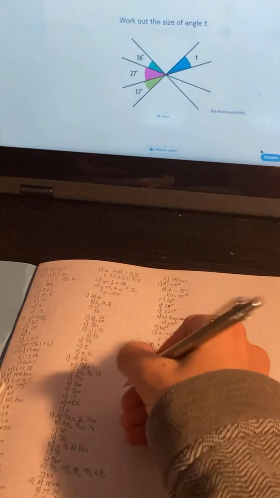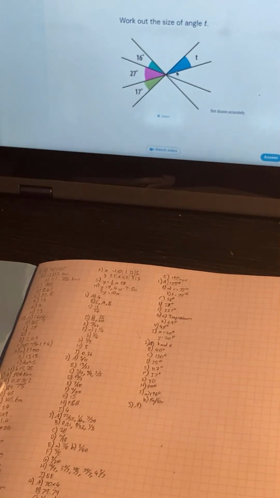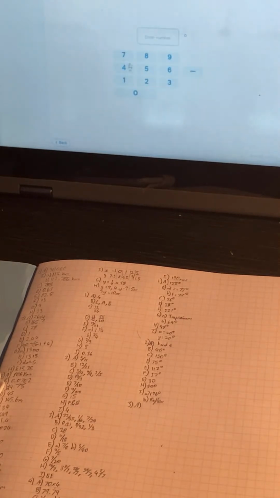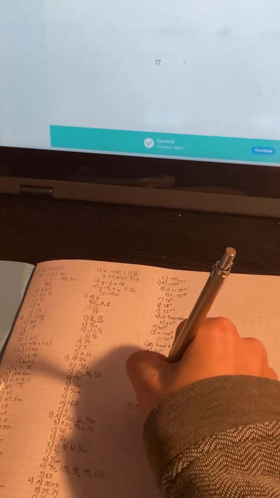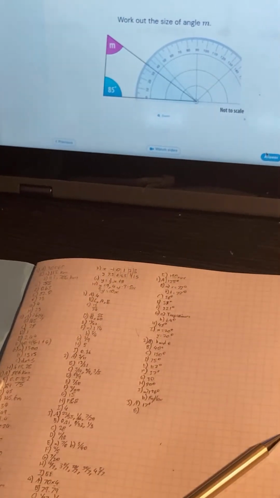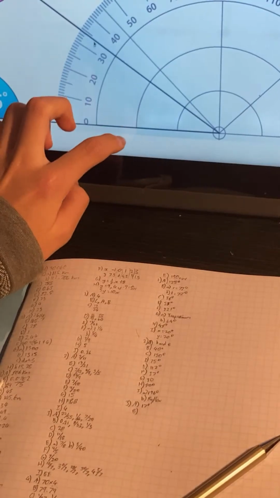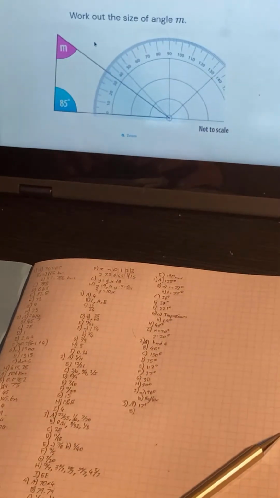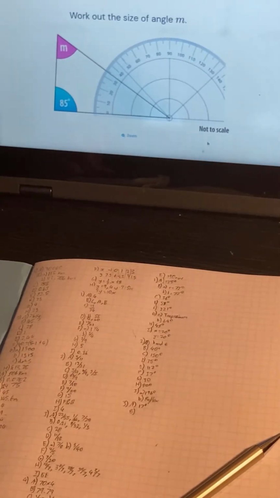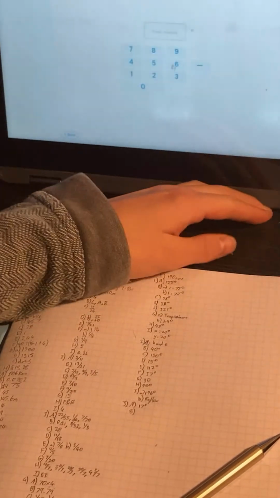Right. 3A. 17. B. Angle M. 34. So 180, 34, subtract 85. 61 degrees. M equals 61 degrees.